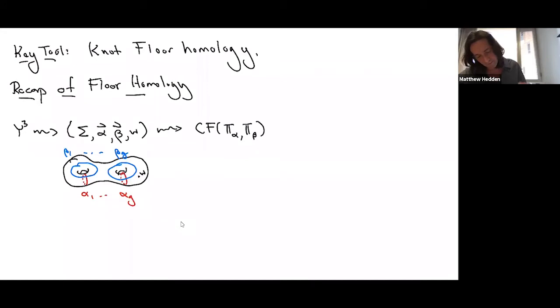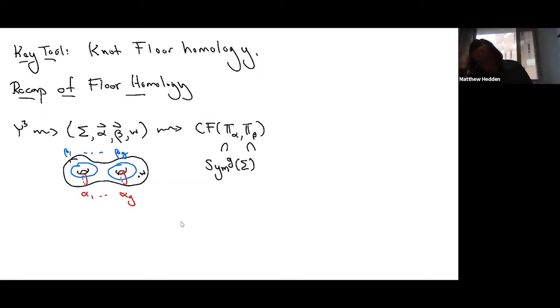And so associated to this data, we'll consider the Lagrangian Floer chain complex. So these are associated to a pair of half-dimensional submanifolds of the so-called symmetric product of the surface. So the surface, of course, is a two-dimensional oriented real manifold. I can consider G-tuples of points on that surface, so unordered G-tuples of points, some of which may be the same. This is a 2G-dimensional, as it turns out, Kähler manifold, and hence symplectic.